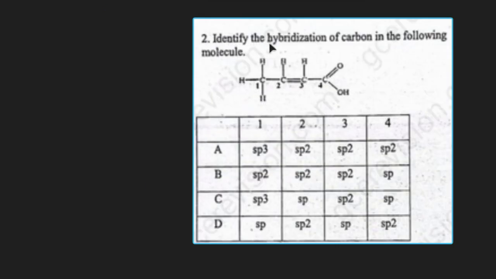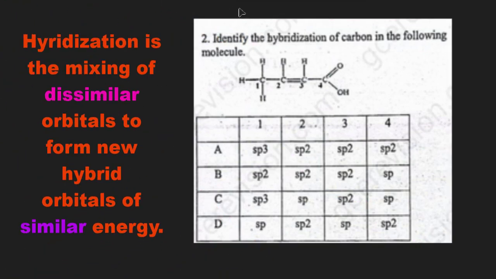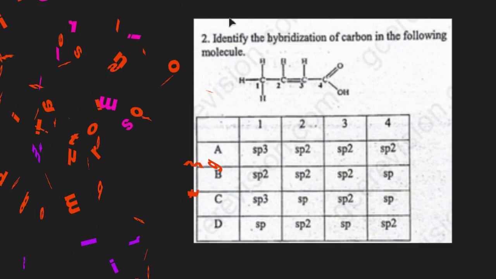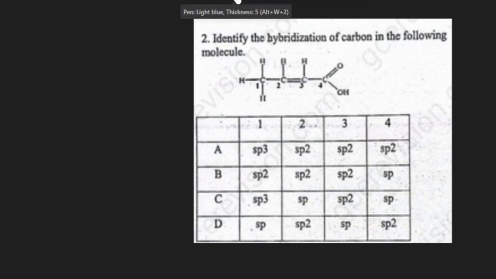Question 2. Identify the hybridization of carbon in the following molecule. What is hybridization? This is the mixing of dissimilar orbitals to form new hybrid orbitals of similar energy. So organic compounds undergo hybridization in the carbon atoms.